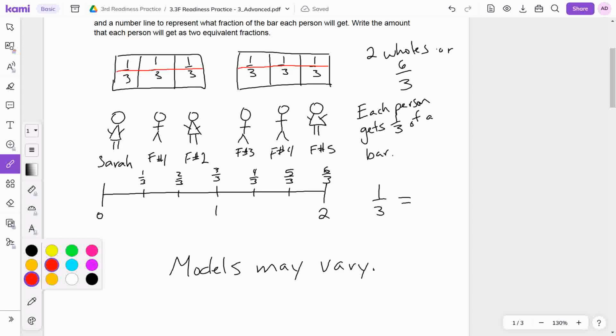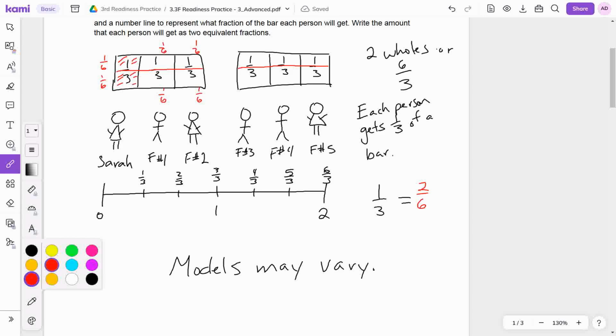Now, what do I have? Well, each piece of the chocolate bar is now 1/6, right? So I've got 1/6, 1/6, 1/6, 1/6. So 2 of those 1/6 pieces together made up that 1/3. So I can say 1/3 equals 2/6.